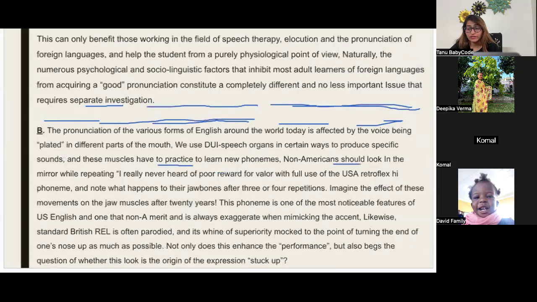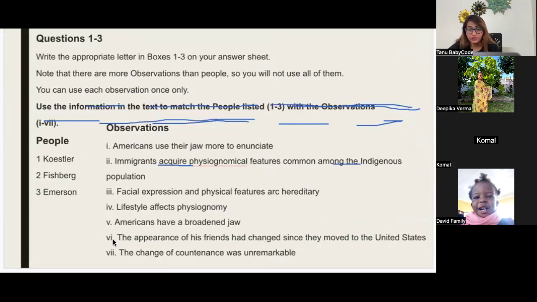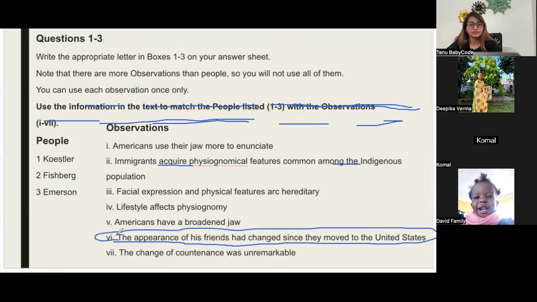That means Koestler talks about the appearance of his friend having changed since they moved to the US. Yes, everyone. Is it clear? Koestler talks about the appearance of his friend, right?